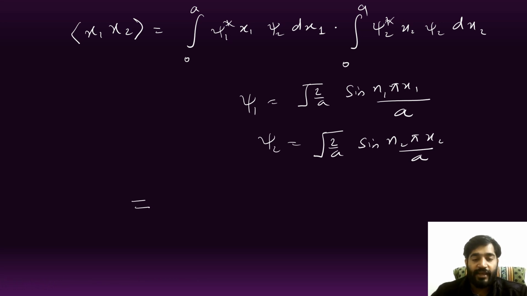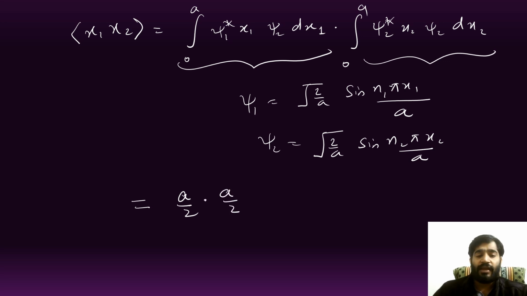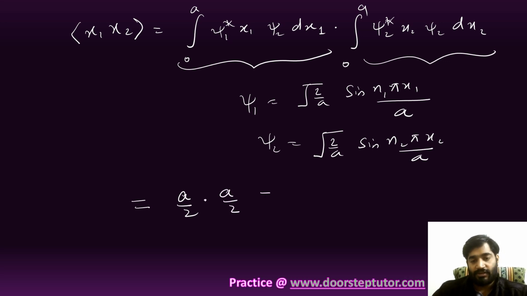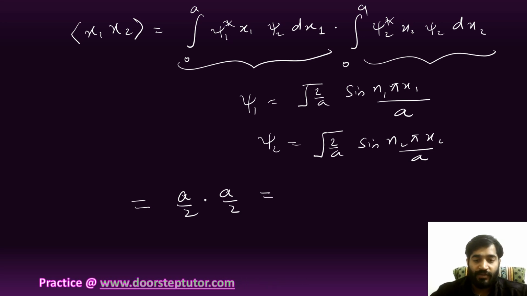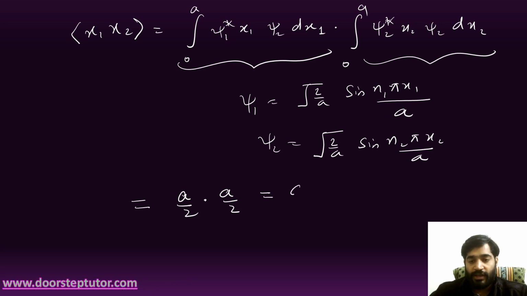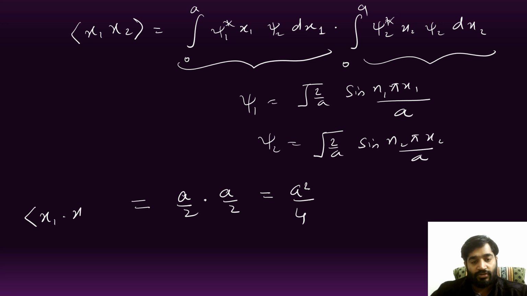So here the width is a, so it's a by 2 for this one, and also a by 2 for this one. This is what we can apply to save time and get the exact answer. Clear? So no need to integrate, it's just time consuming. So a by 2 times a by 2 is going to be a squared by 4. So this is your expectation value of x1 x2. Clear?